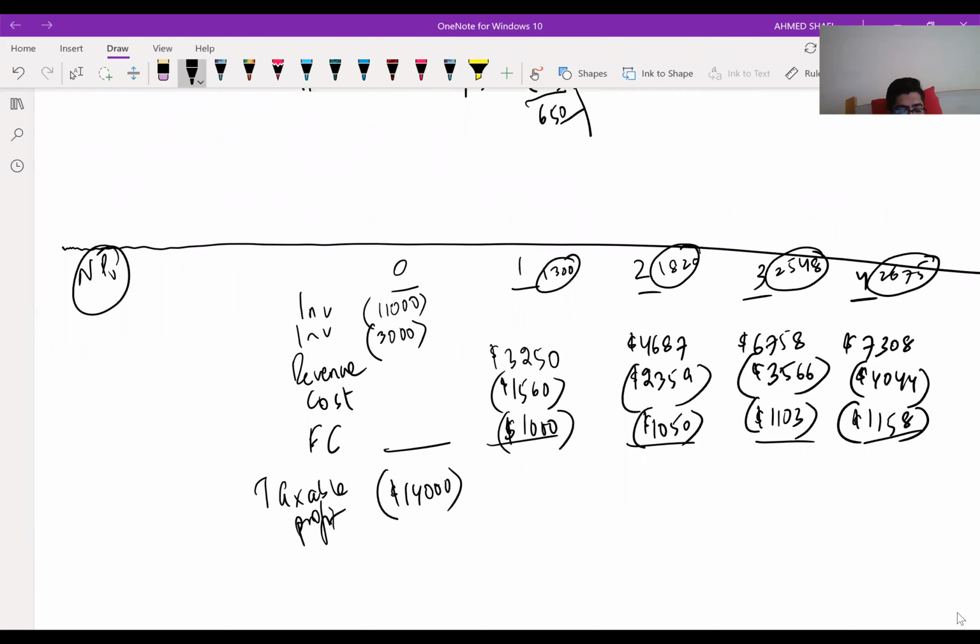Okay, on this taxable profit, we have to pay tax 25% a year. Year 0, no profits, no tax.